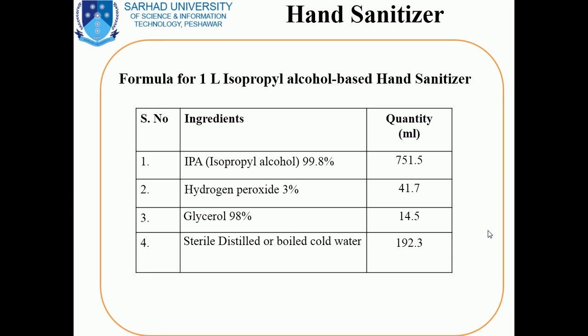And the last one, that is distilled water or boiled cold water, you have to take 192.3 ml of the sterile distilled or boiled cold water. That is the formulation of the hand sanitizer, that is isopropyl alcohol based, or in short we can say IPA based hand sanitizer.